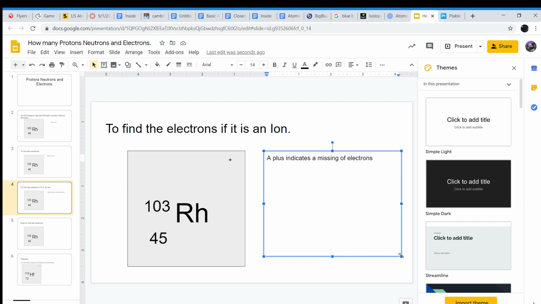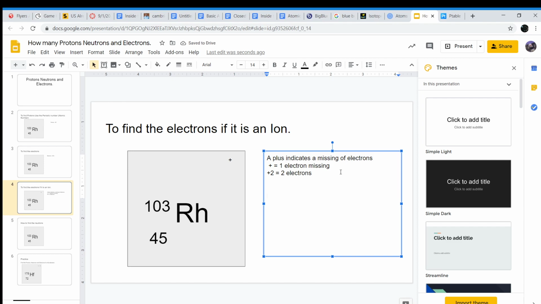If it's just a plus all by itself, that equals 1 electron missing. If it has plus 2, that equals 2 electrons missing. We can keep going, plus 3, plus 4, plus 5, plus 6, theoretically up to plus 8, which just means that you're missing 8 electrons.